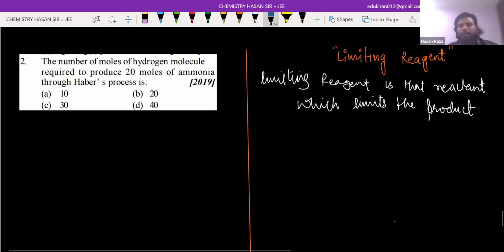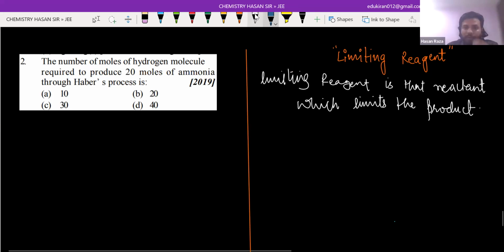Basically, if you are going to make tea for 50 people and in between making the tea you find out that the tea leaves are finished, you will not be able to make more tea. In this case, the tea leaves are the limiting reagent. So basically, the product depends upon the limiting reagent.